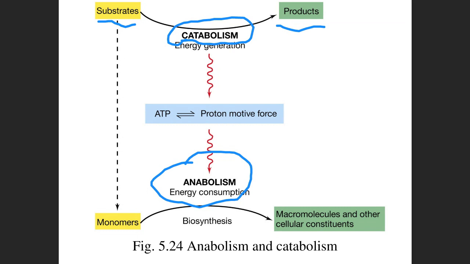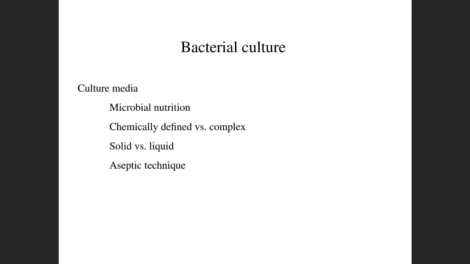And then the proton gradient or the ATP can be used to drive biosynthesis to make monomers into large macromolecules. All right, so that's the distinction and how the three terms are aligned to each other.